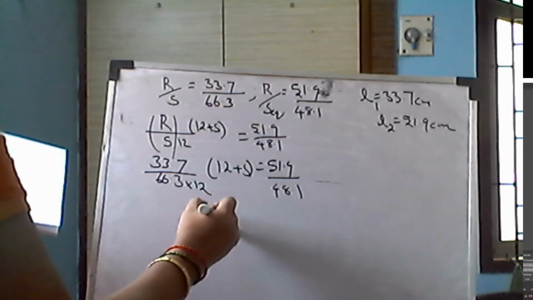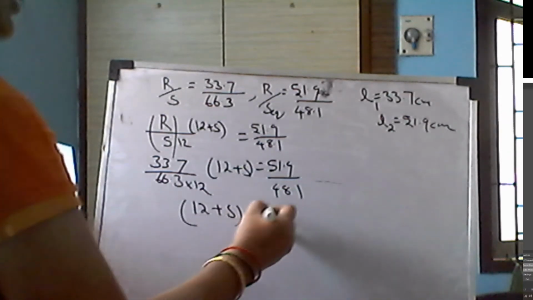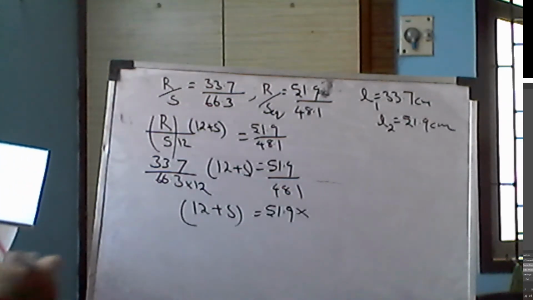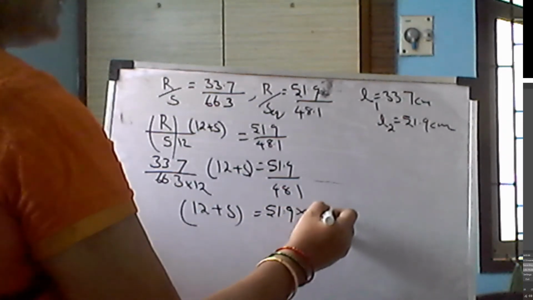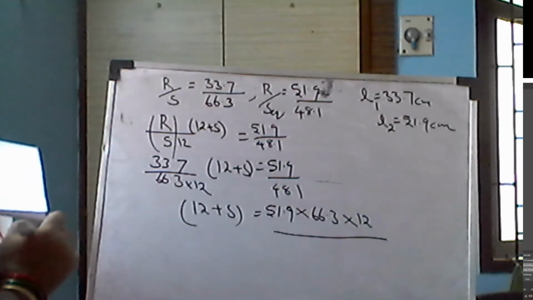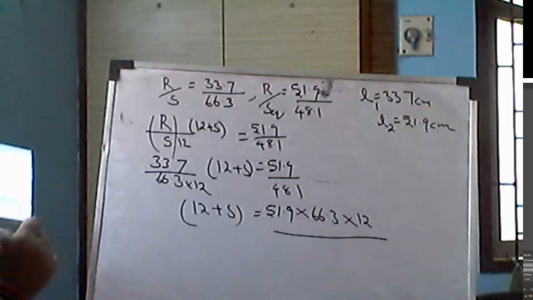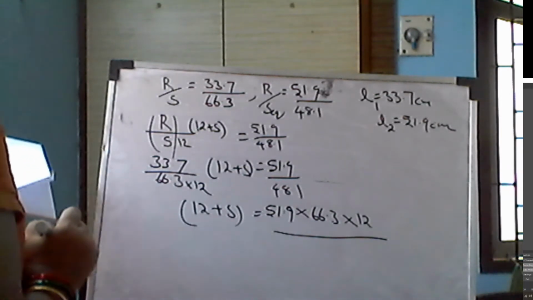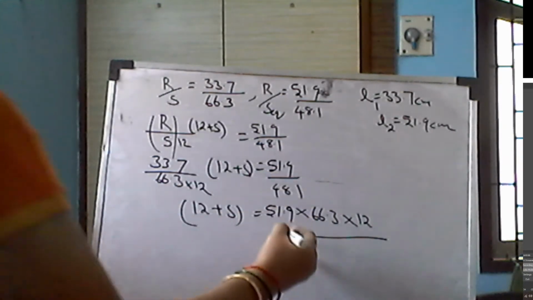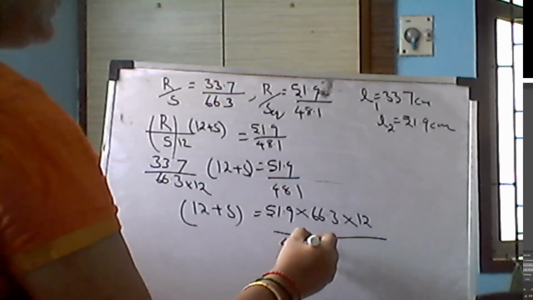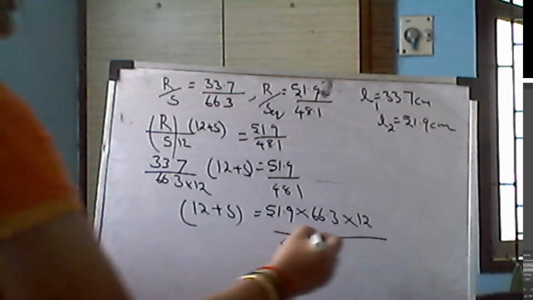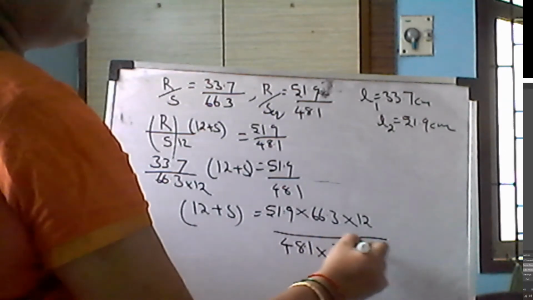Now 12 plus S is equal to 51.9 into 66.3 into 12 divided by 48.1 into 33.7.